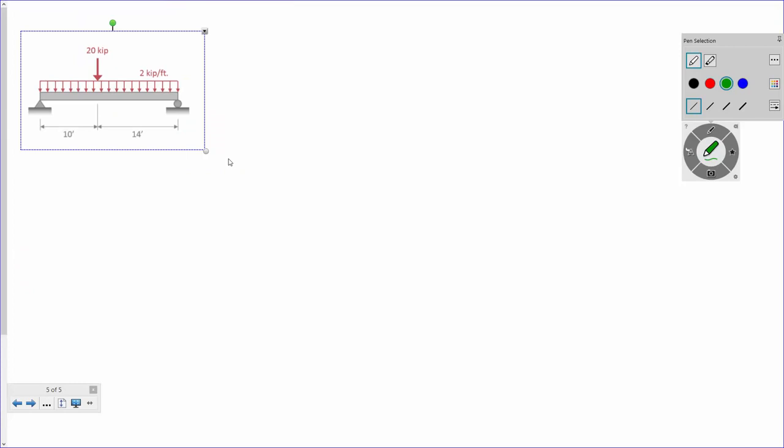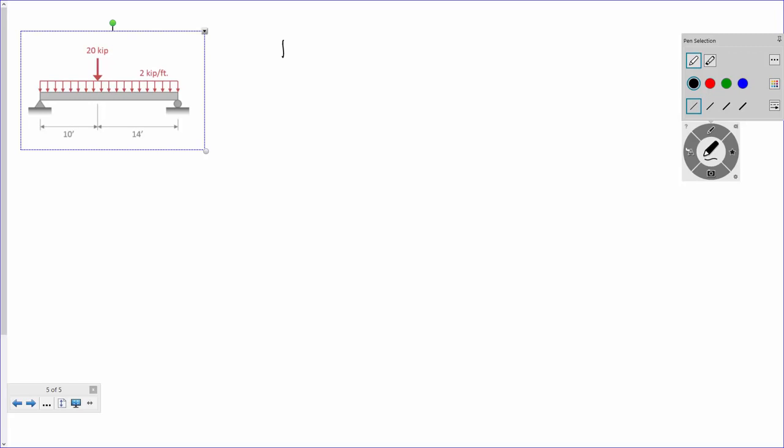All right. So here's the problem, and one of the things to keep in mind is there's a couple ways to attack a problem like this. It's asking for the deflection at midspan.